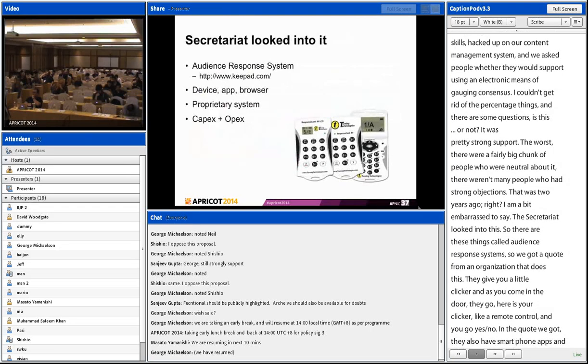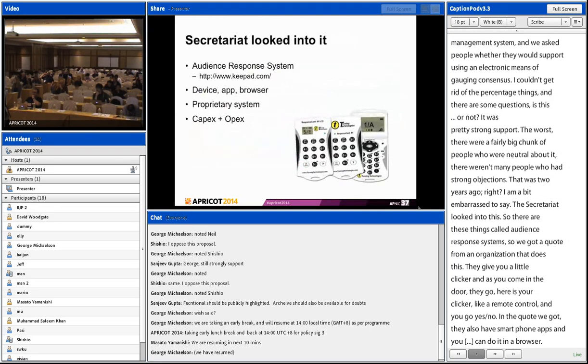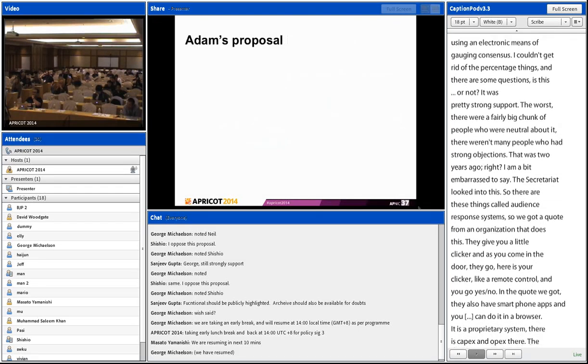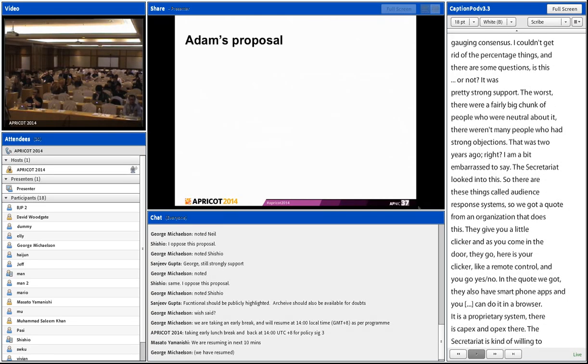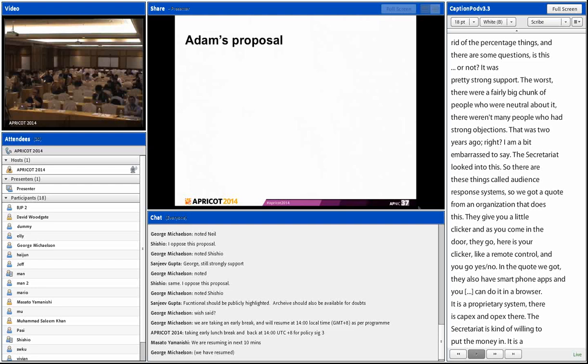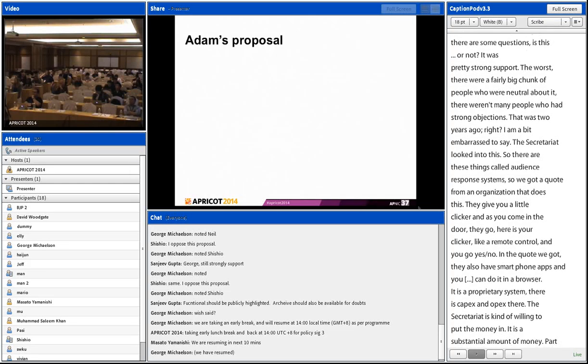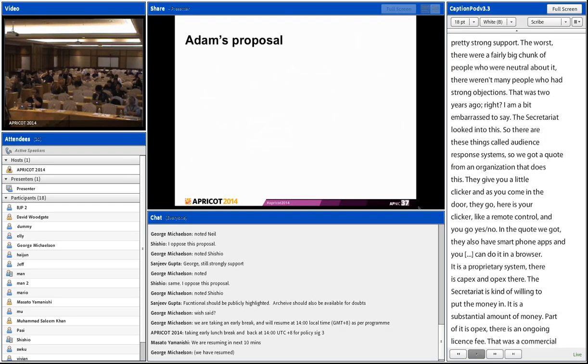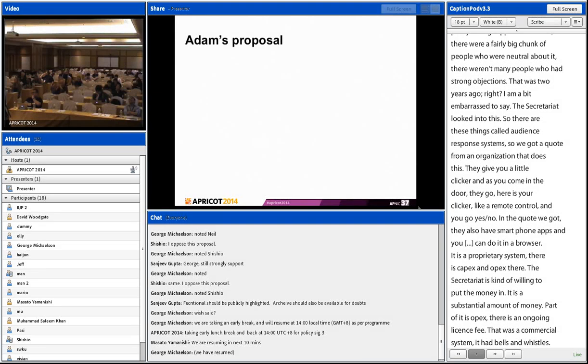And the Secretariat is kind of willing to put the money in. It's a substantial amount of money. And part of it is OpEx. There's an ongoing license fee. Now, that was a commercial system. It had kind of bells and whistles. I personally, and now we're talking about Adam's proposal here, I'm personally not overly supportive of that.